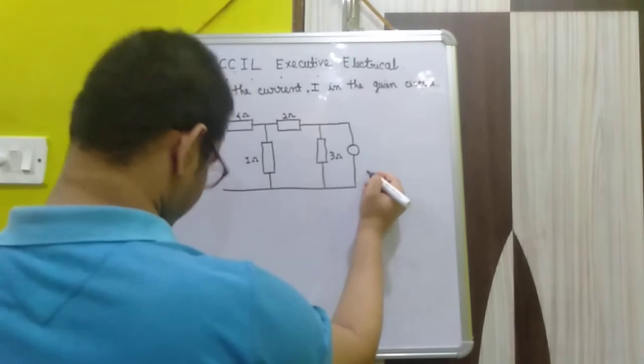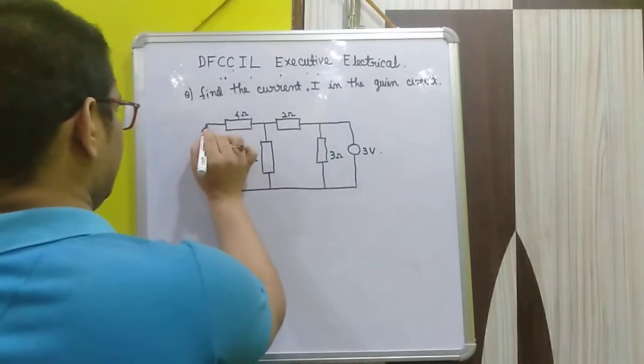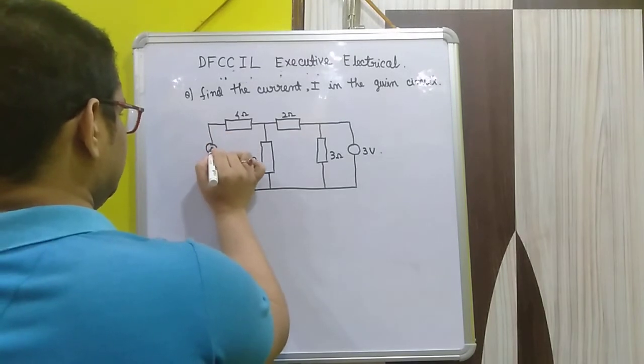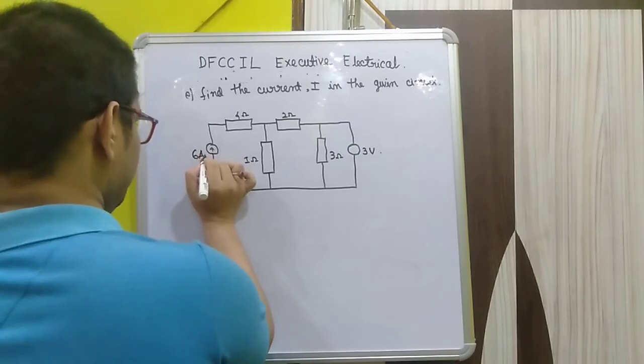The value is 3 volt. Here is another current source, and this will be 6 ampere.